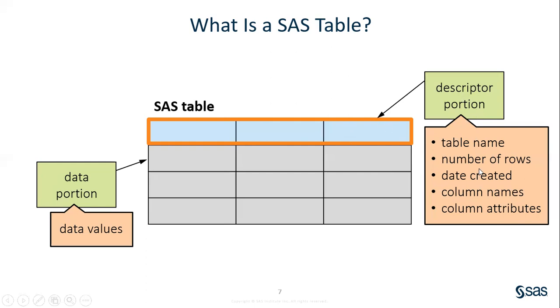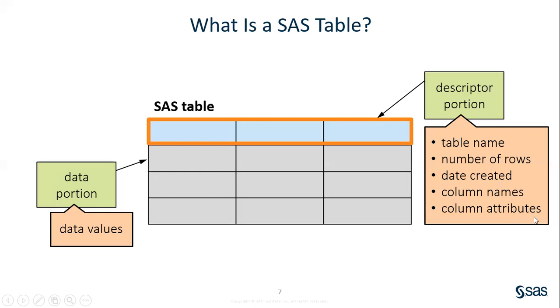It also describes the columns and types of columns. In SAS we have two types of columns, a character column and a numeric column. So it will define whether those columns are character type or numeric type. It will describe the name of the table, number of rows, when it was created, number of columns, the names of the columns, and attributes.